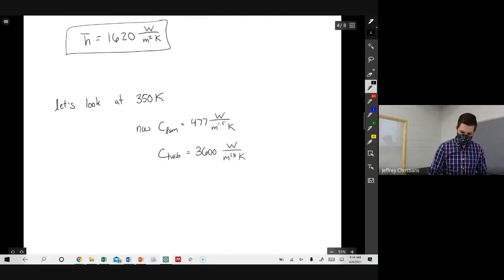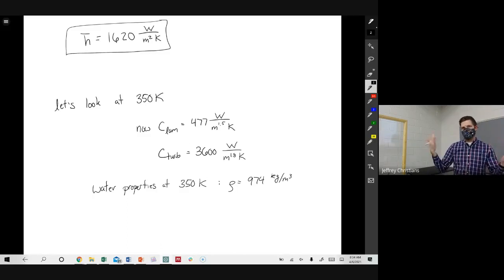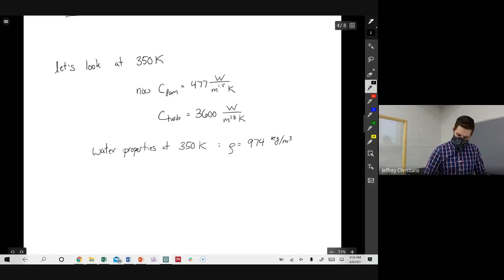If we look at our properties, density is basically the same, 974, where it was 997, so it's changed a tiny bit, like 2%. The big change comes in viscosity.